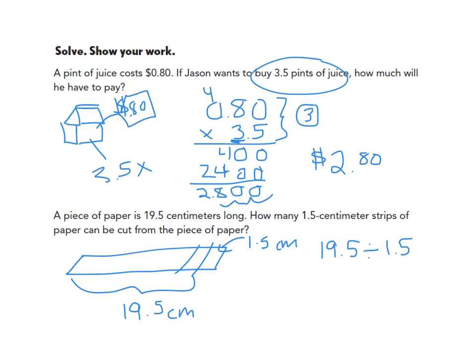I can also say that as 19 and 5/10 divided into groups of 1 and 5/10. And if I set that up, I'll get 195/10 divided by 15/10.